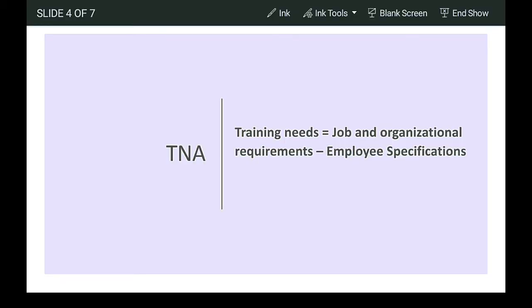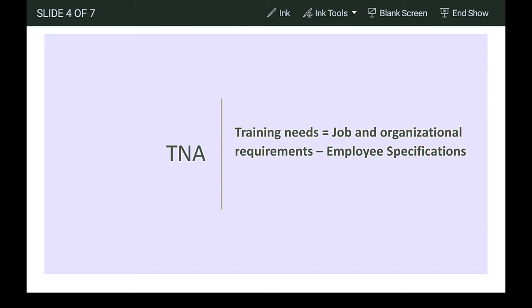Therefore, if we talk about training need analysis, it's actually training needs equal to job and organizational requirement minus employee specification. So at first, in general, you will understand what is the requirement of the job and what is the requirement of the organization. These are the two most important pillars of a training need analysis.